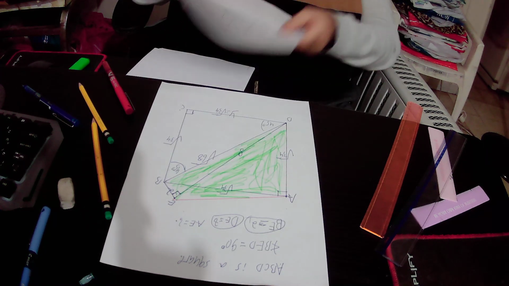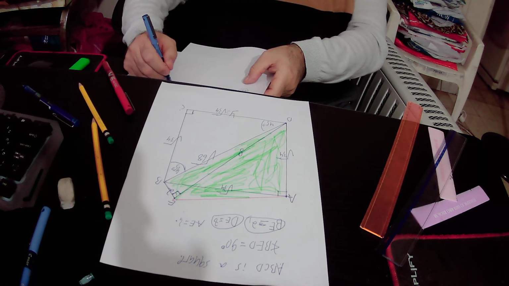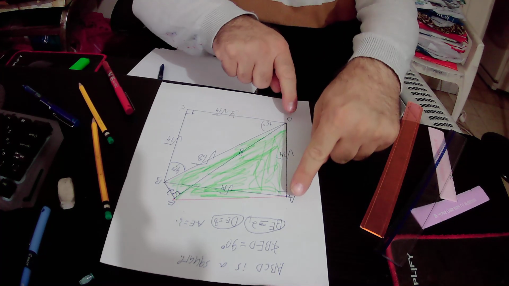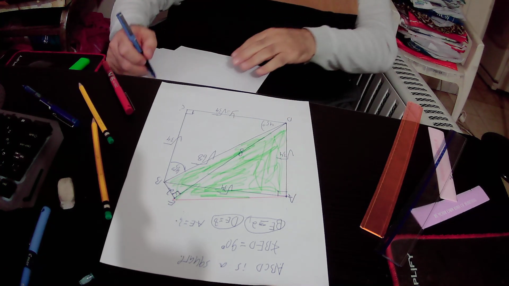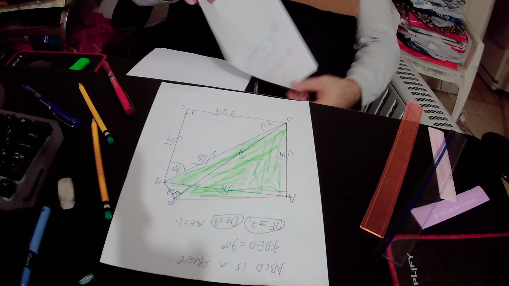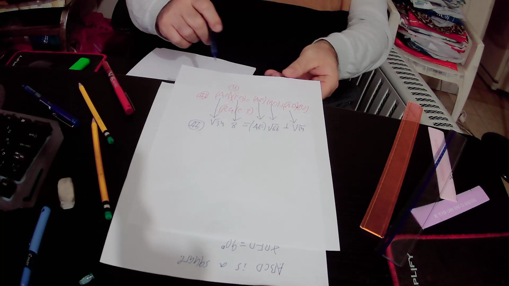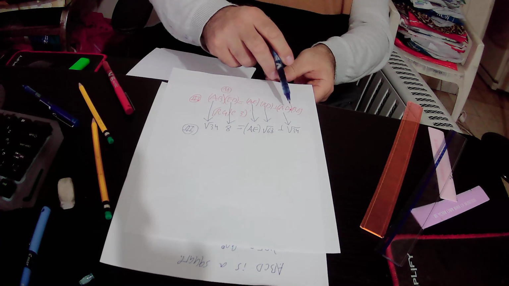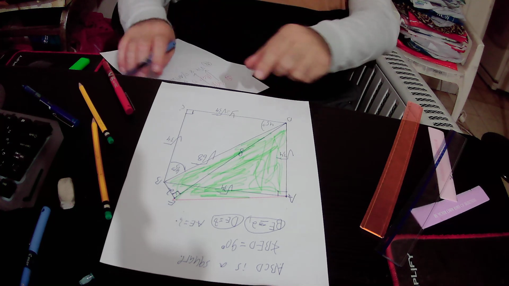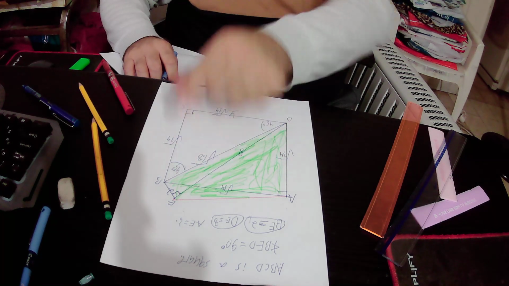And what is the size of AD? The size of AD equals square root of 34. And what is the size of BE? The size of BE equals 2 units.